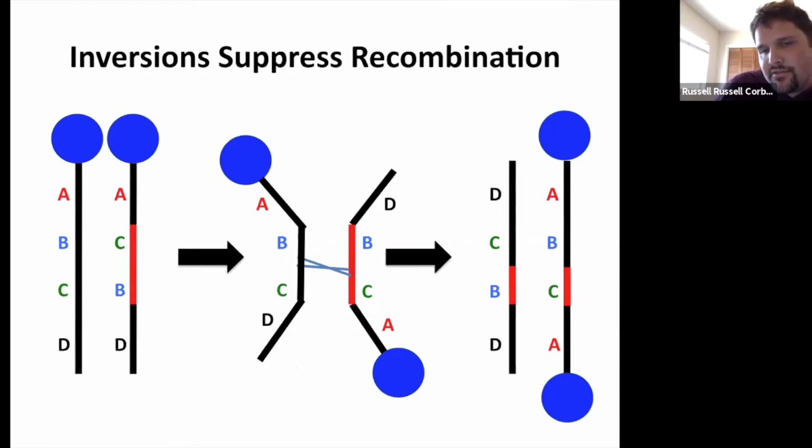So you'll get 2 chromosomes, one of which is deleted for A, duplicated for D, and vice versa. But more concerningly, one of these chromosomes has 2 centromeres, and one has no centromeres. So the idea here is that inversions play a big role in shaping recombination because they don't allow much exchange within the inverted region.